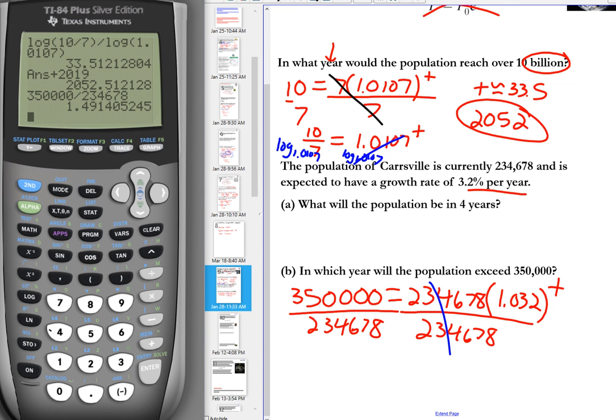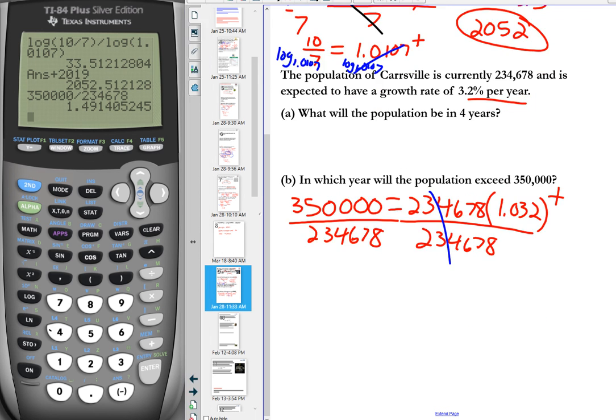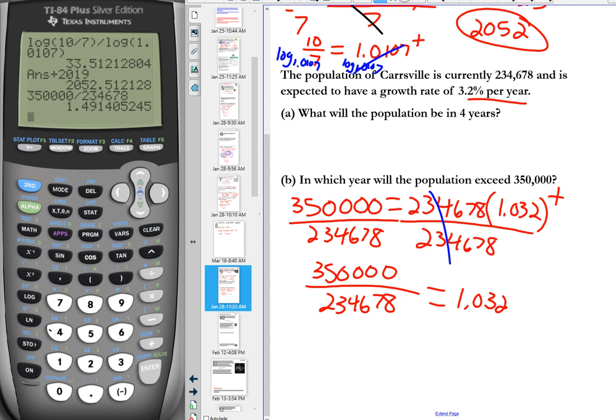Fills up my screen. It's around 1.5, but I don't like to round early. So you're going to have this big fraction, 350,000 over 234,678, is equal to 1.032 to the power of t.